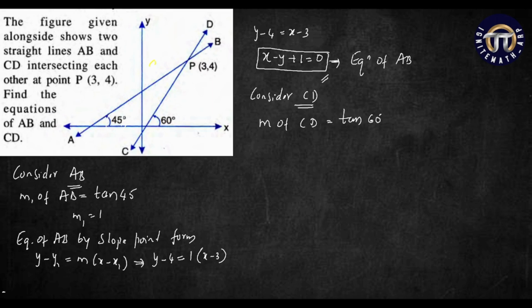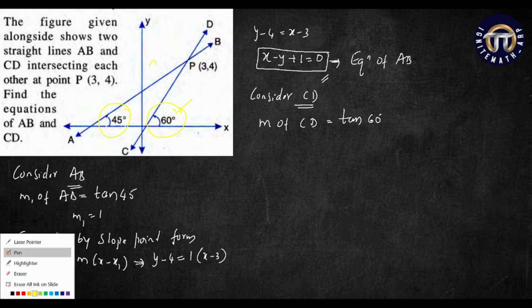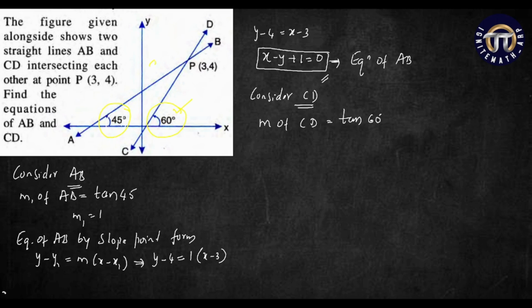You need to be very careful with that. CD is making 60 degrees with the x-axis taken in the anti-clockwise direction. When you talk about AB, it is making 45 degrees with the anti-clockwise direction of the x-axis. That's why theta becomes 45 in the case of AB and it becomes 60 in the case of CD.